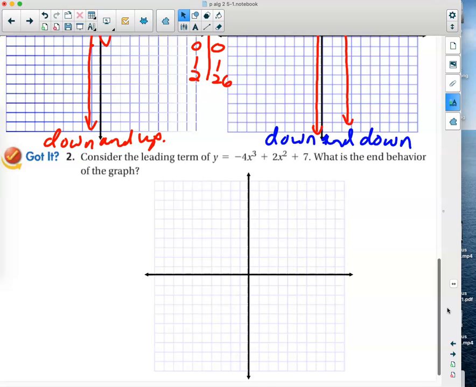Somebody unmute and take charge so you guys can all get talking about it. What you want to do is be able to explain, is it up and up, down and down, up and down, down and up, and then how would you know that from the information?